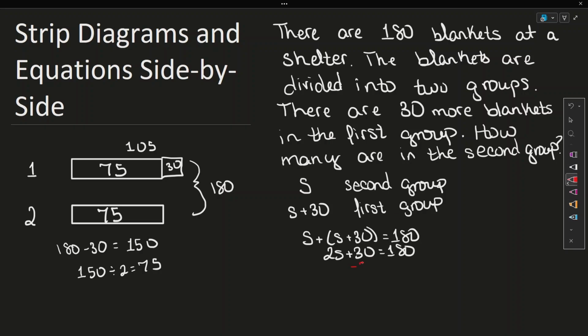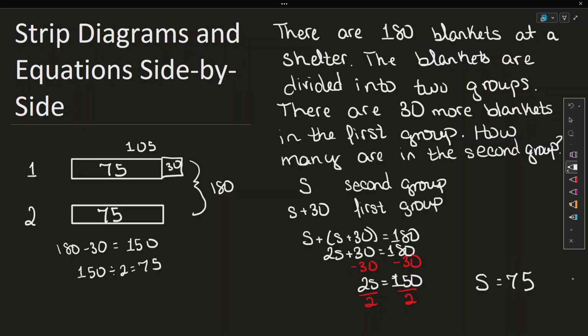We can then subtract 30 from both sides to get that 2S is equal to 150. And then we divide both sides by 2 to get that S is equal to 75. So the second group has 75 blankets.